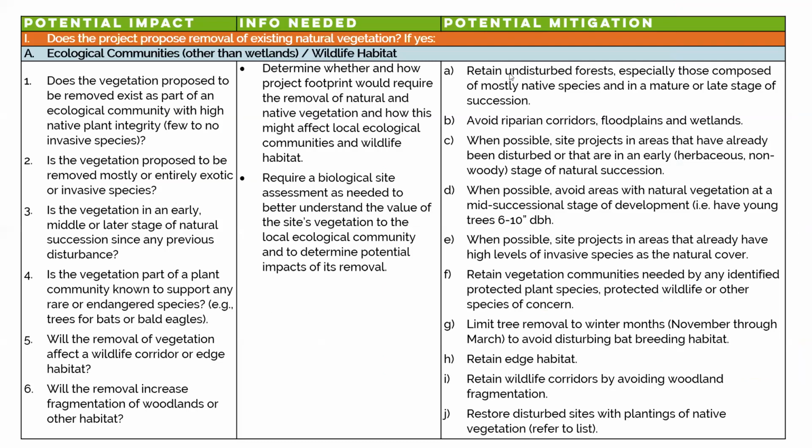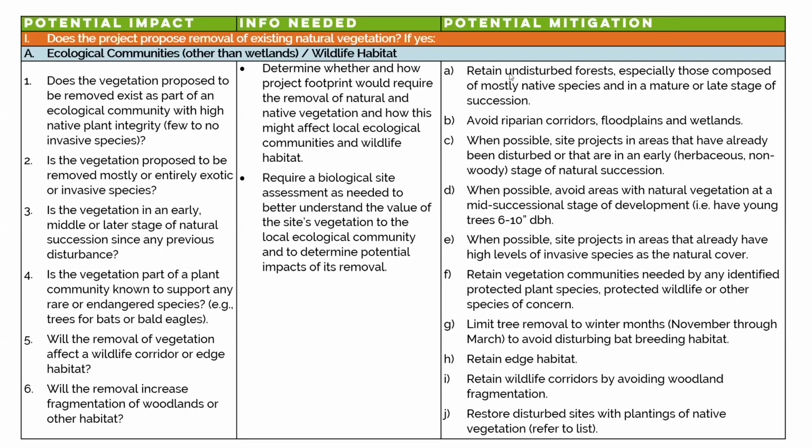So we had one of our ecologists at Labella add to the potential mitigation that the town might consider for each of these topics that would help design a project to minimize impacts on the natural resources. So removal of vegetation is really the key part, because vegetation is integral to soil erosion prevention, wildlife habitat, visual impact.